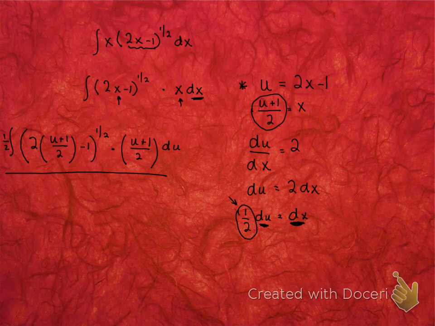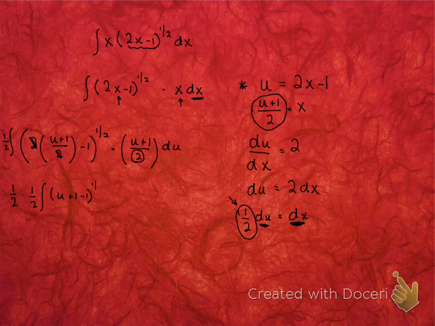Now, when we look at that integral, before we actually integrate, there are some simplifications we can make. The 2's here divide away, and this 2 right here can be pulled out front and multiplied by the 1 that's already there. So now what we have is u plus 1 minus 1 to the 1/2 power times u plus 1 du.